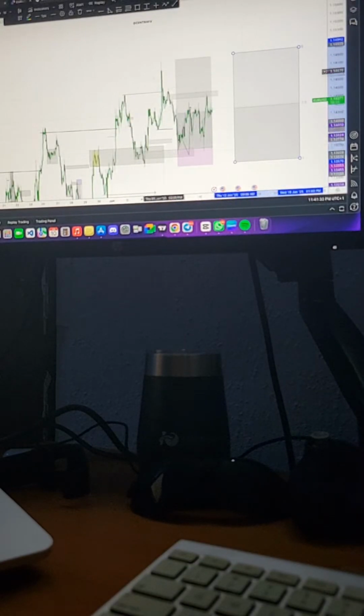So I wait for price to always do a pullback to at least a more discount zone before I look for my buy. And if I want to sell, I wait for price to come to a more premium zone, so that I'll be selling when it's expensive, so I can make more profit. So it's as simple as that. So this is premium, this is discount.